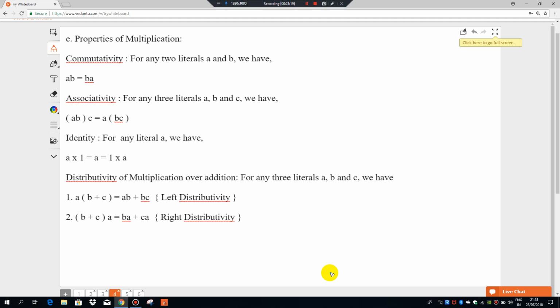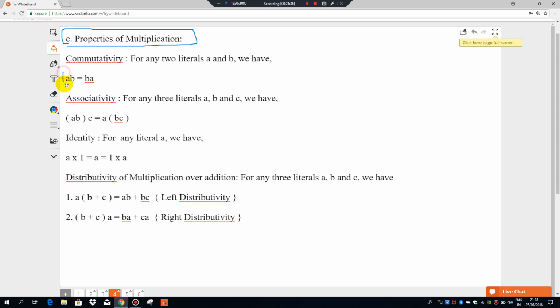Now, properties of multiplication. Here also we do have properties of multiplication. Commutativity. For any two literals a and b, we have a into b equals b into a.